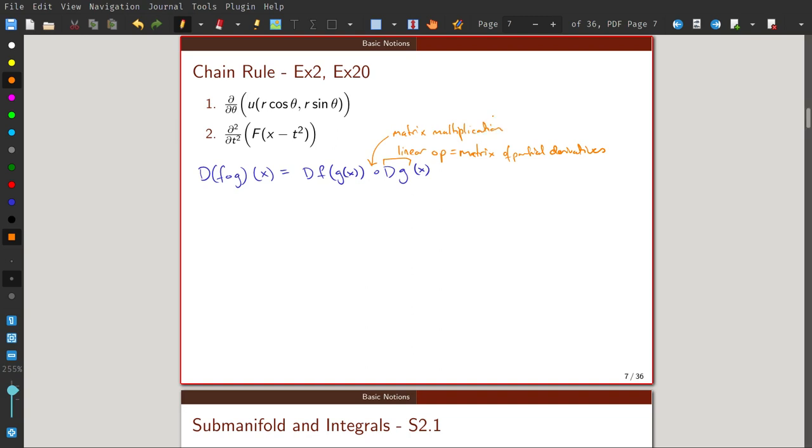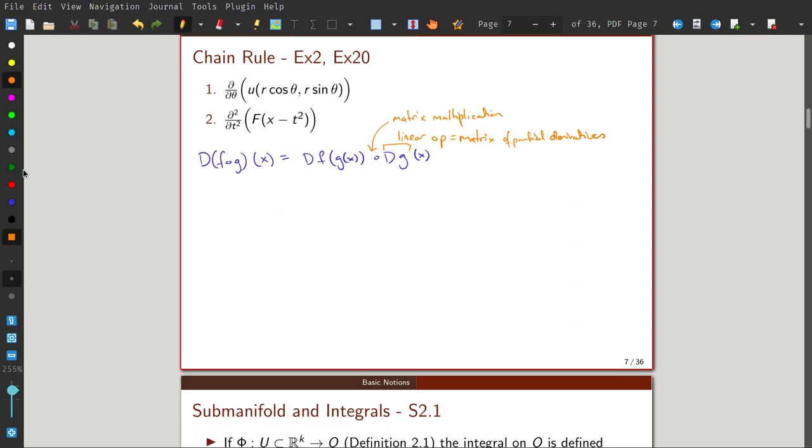Okay, so that's how you actually do calculations with linear operators. You write them in matrix form, and then you do matrix multiplication to compose them. So what is the matrix that corresponds to a derivative?